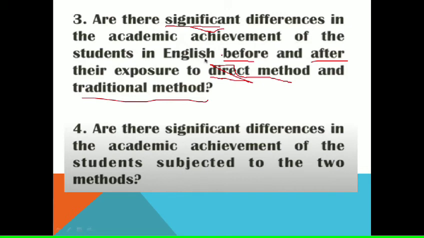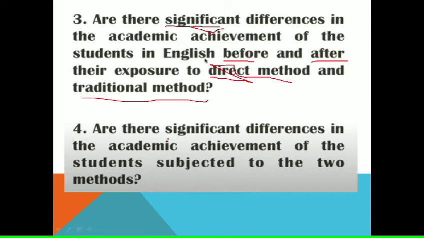Kay naay duha ka measure, before and after. So for the question, are there significant differences in the academic achievement of the students subjected to the two methods? From significant difference, it is inferential.